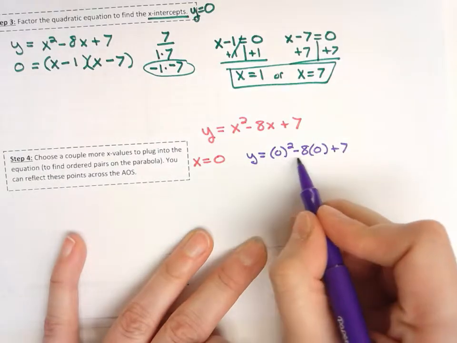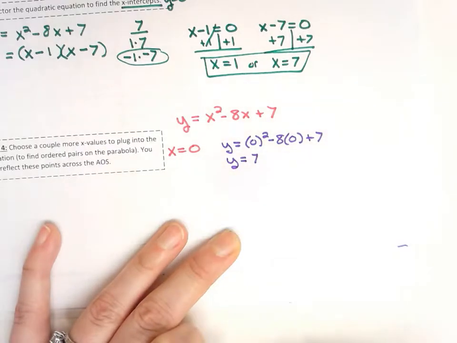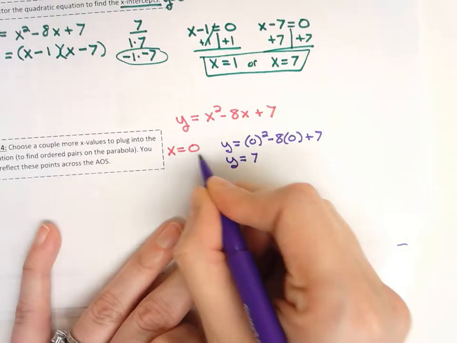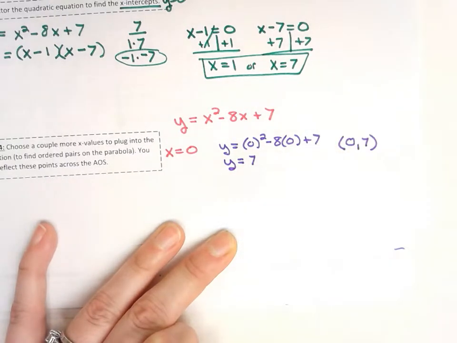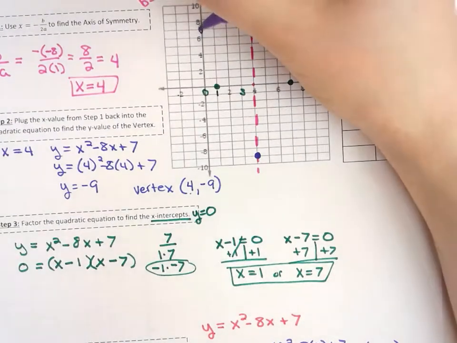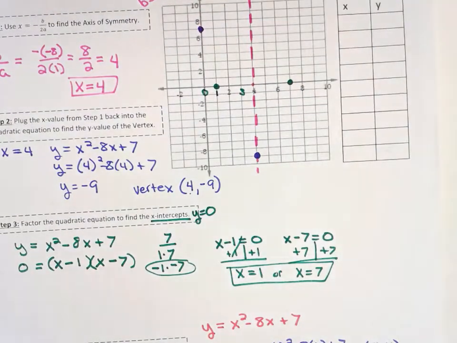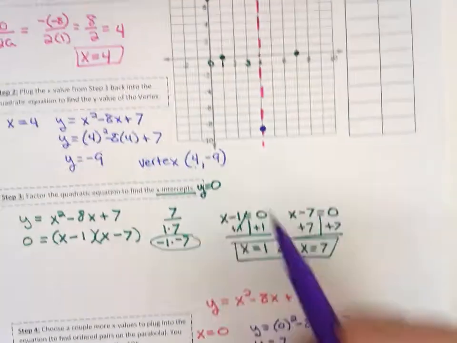And if you type all of that into your calculator, you've got the answer, positive 7. So that means when my x value is 0, my y value is 7, we've got a point at 0, 7 of our quadratic. So if I plot that point, that one's on my y-intercept, and I've got another point right there. So I used x equals 0, so that's one point.